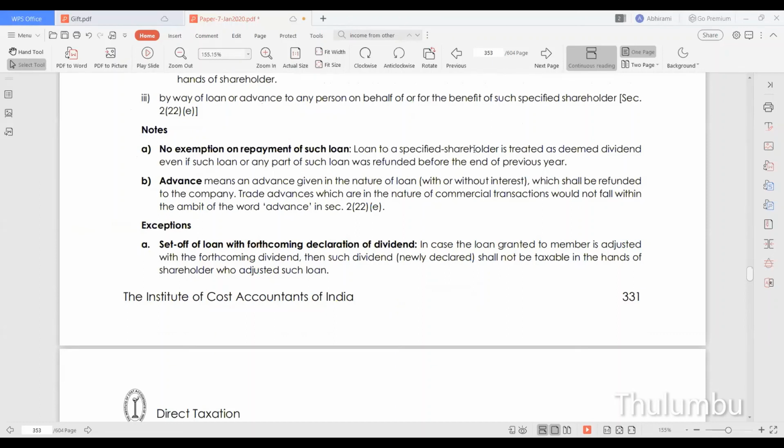Loan to a specified shareholder, the one who has more than 10%, is treated as deemed dividend even if such amount is refundable. Even if I have to give it back, it will still be considered as deemed dividend. Advance also counts. Exception: set off of loan with a forthcoming declaration of dividend.